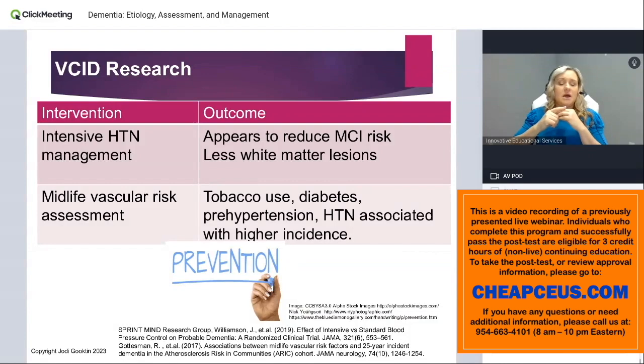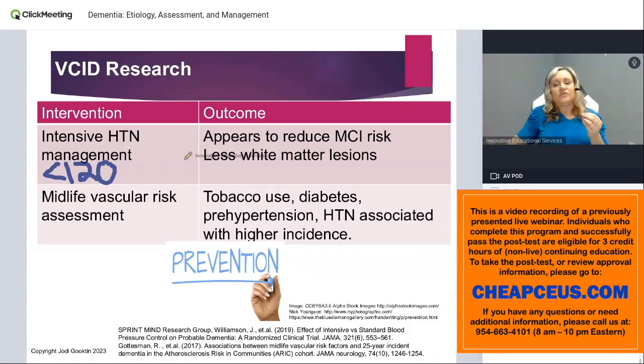There was a SPRINT MIND clinical trial that took over 9,000 participants, and they followed them for a 5-year time period. What they looked at was managing these individuals to keep their blood pressure less than 120 systolic, so keeping it intensively, significantly below that 140 risk factor of the systolic for heart disease.